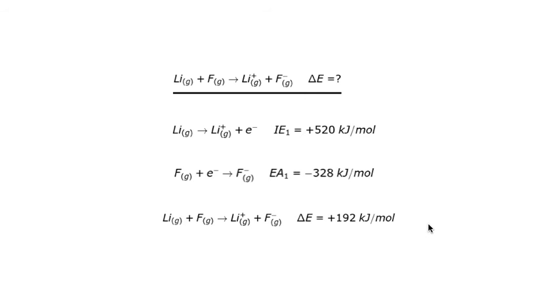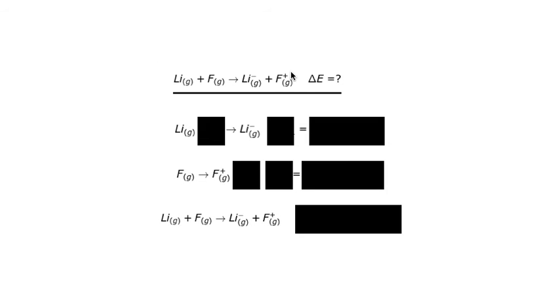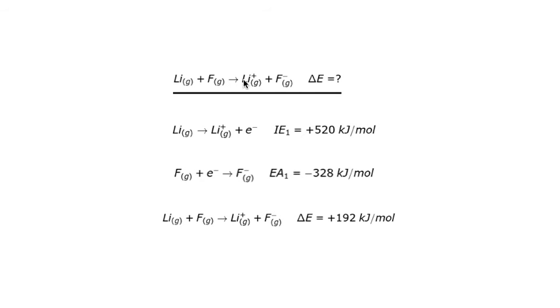We can see how this might change if we just change the type of ions. If I compare this new problem to the previous problem, notice how the lithium ion was positive and the fluoride ion negative. You're probably very comfortable with that because you've probably already encountered these.